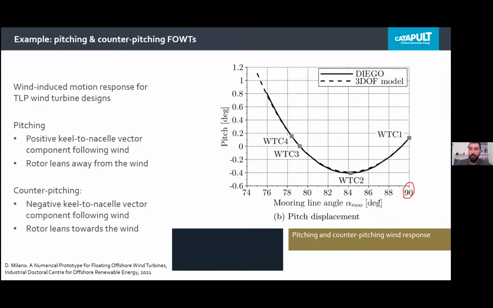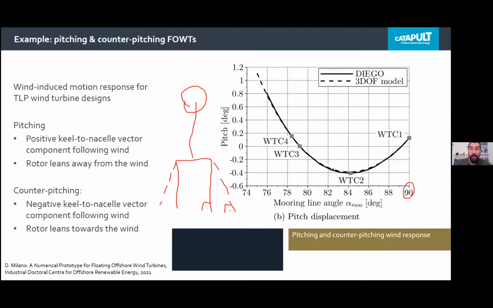And as we move towards the left, I am increasingly inclining the tendons. If this is our fancy wind turbine, and these are our vertical tendons, I am then increasingly inclining them like that. And this is the angle that you can see in the x-axis of this image.